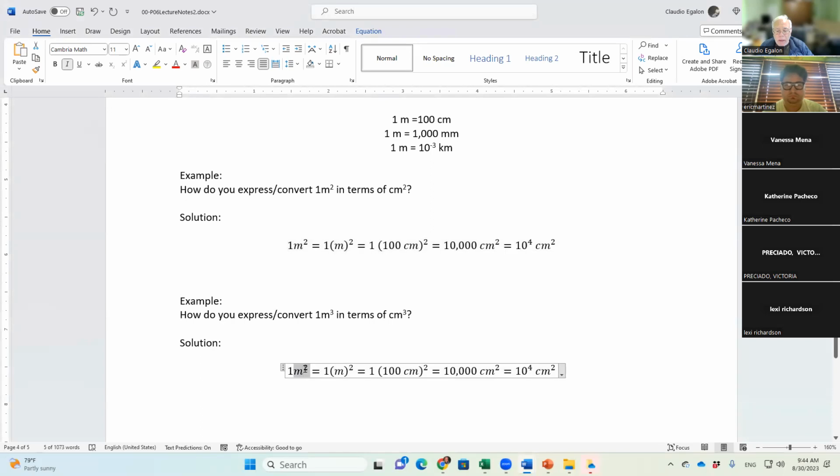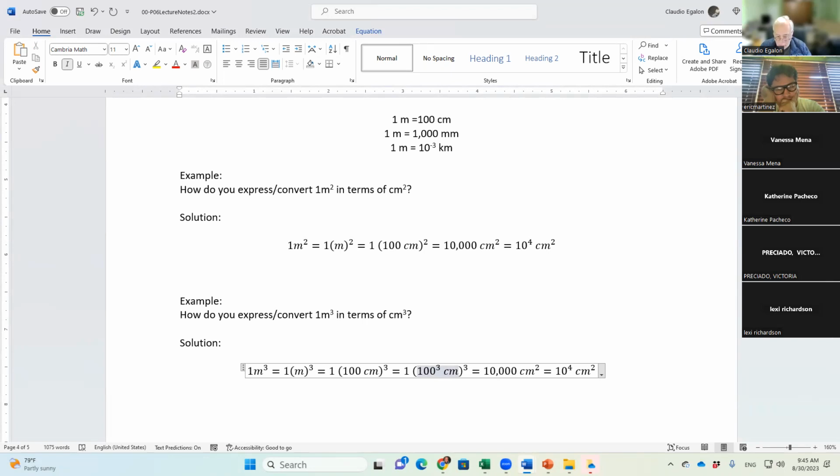That's how I'm going to do it. Instead of square meter here, we have to replace it by a cubic meter, and here we also have cubic meter. Then replace my meter by centimeter, and then we have to cube this 100. I'm going to do another step that I didn't do in the other one.